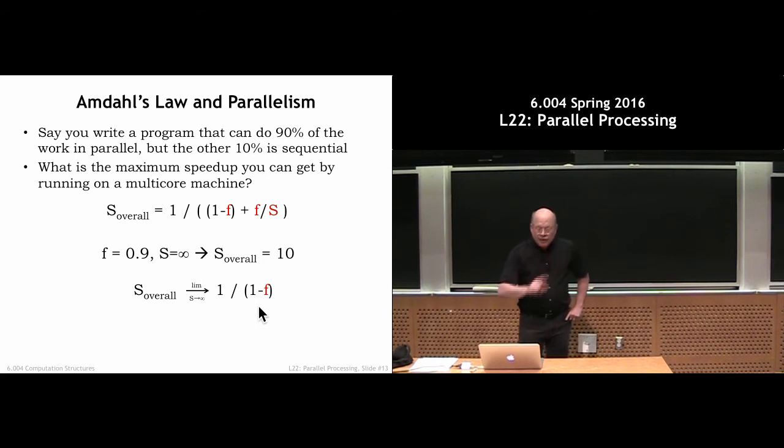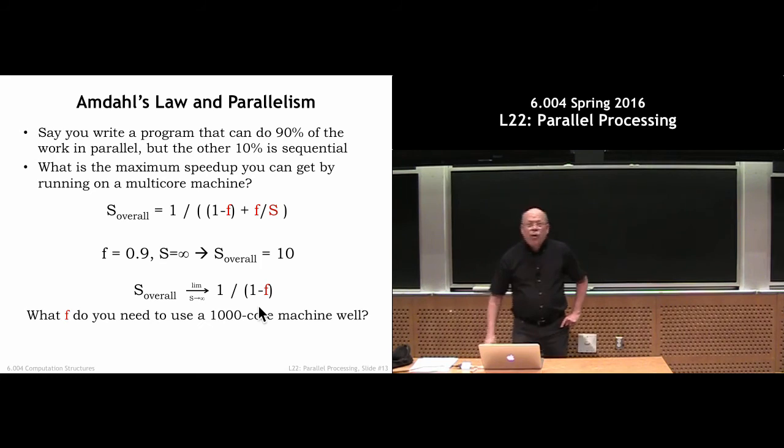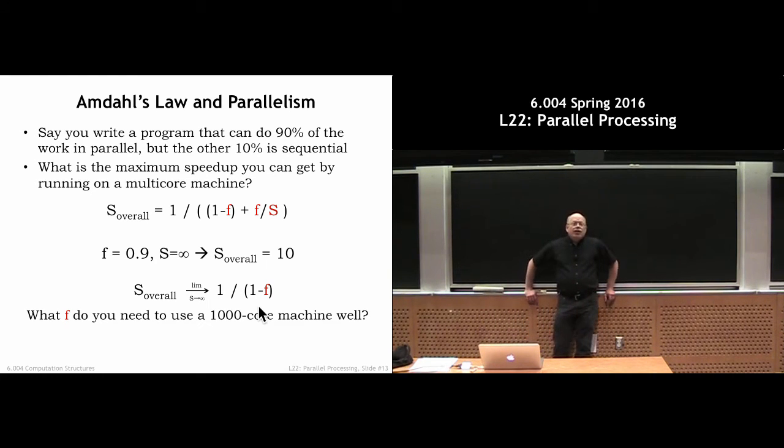Now the question you should ask yourself is, if I have a 1,000-core machine, what does f have to be? To use a 1,000-core machine well, suppose we wanted a factor of 1,000 speed up. You might say, look, you give me a 1,000-core processor, and I expect you to get a 1,000-fold speed up. How much of all the things your program is doing, percentage-wise, has to be sped up?